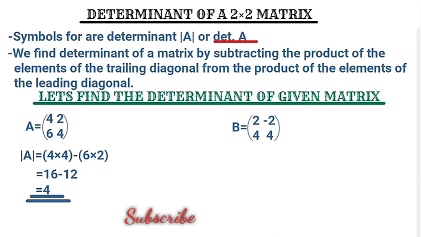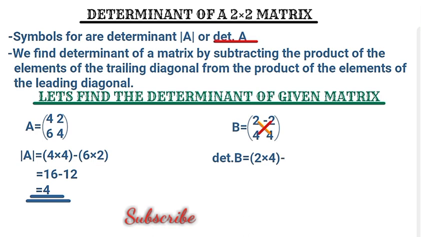So I'm going to use the second symbol, which is det B, because the name of this matrix is B. So I'm going to write det B. Then I'm going to identify the leading diagonal, which is 2 and 4 there. So I'm going to multiply 2 by 4. And then minus the trailing diagonal, which is 4 by negative 2.